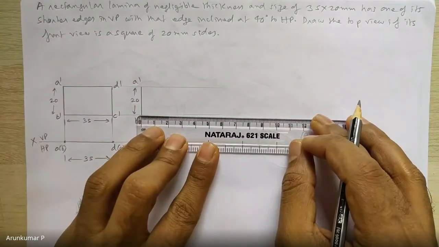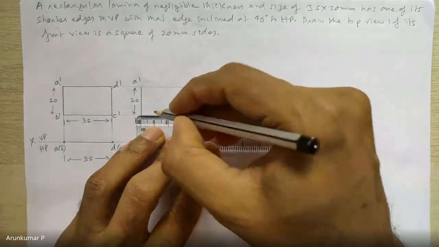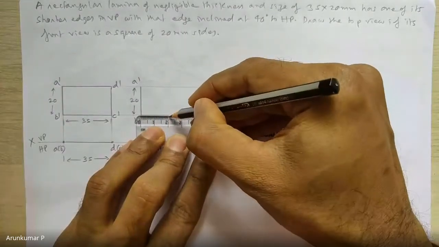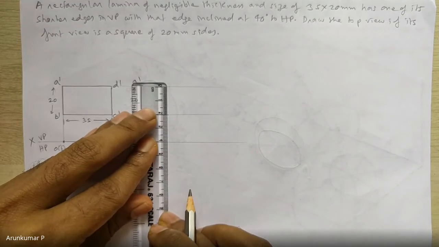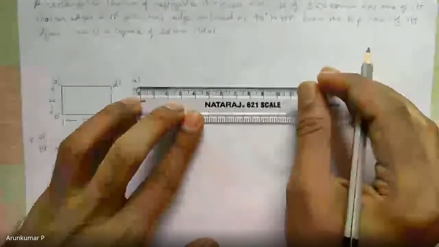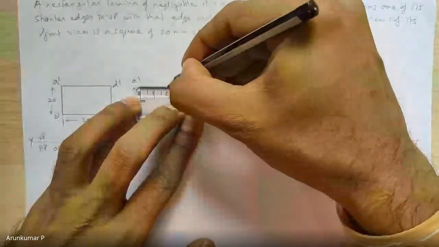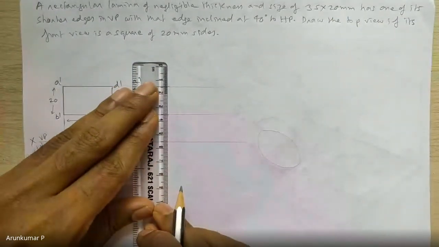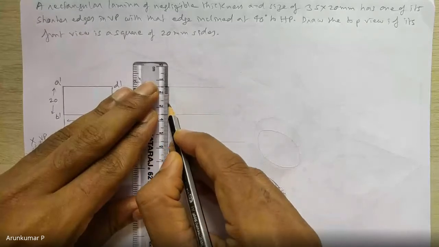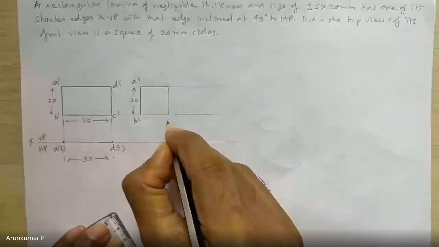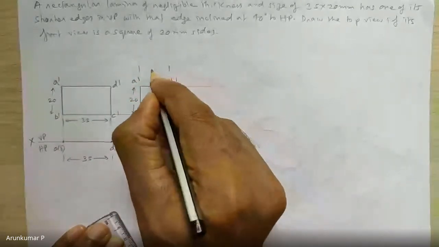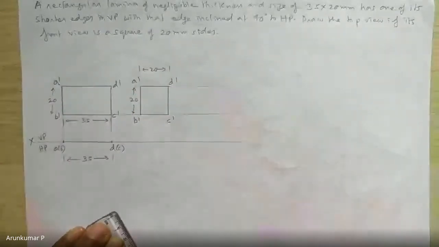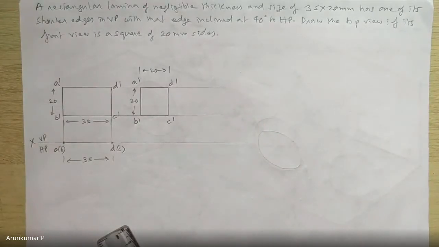and this could be another 20 mm. This is 20, and if you join the two, all four lines would be 20 mm long, thereby giving you a 20 by 20 square in the front view.